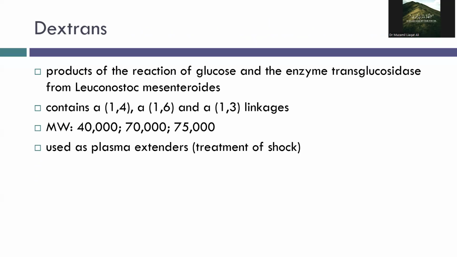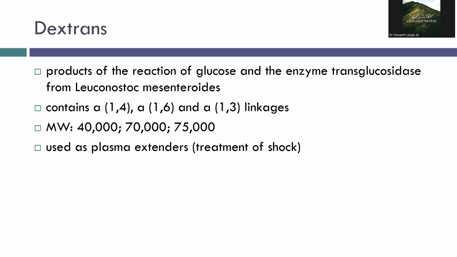What about dextrans? Dextrans are branched polysaccharides produced by bacteria through the action of transglucosidases on the glucose molecules, right? They contain alpha 1,6, alpha 1,4, and alpha 1,3 linkages.